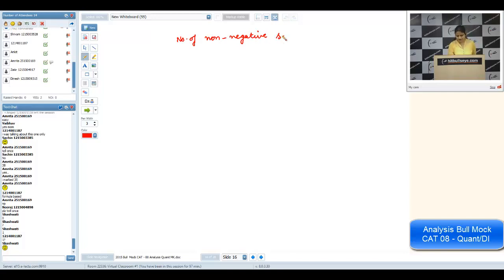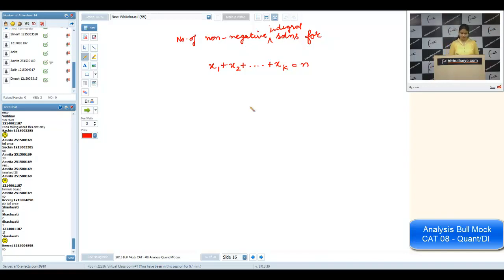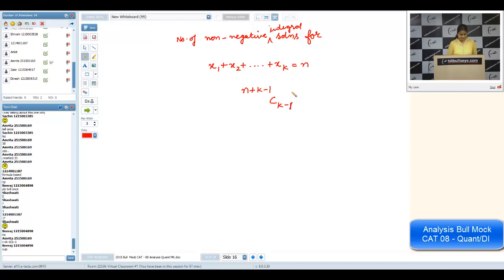Number of non-negative integral solutions for this equation. Okay, I'm not going into derivation. You must remember this formula. Non-negative means 0 is also allowed and the positive numbers. Yeah, n plus k minus 1, C k minus 1.